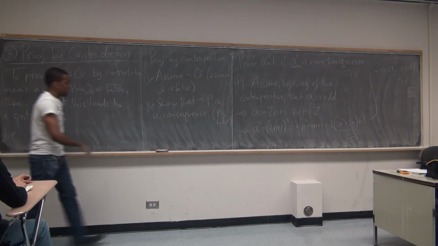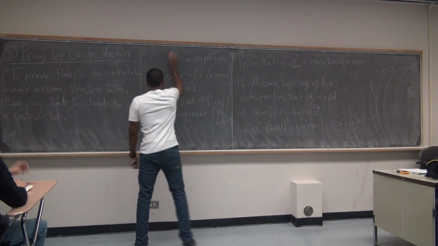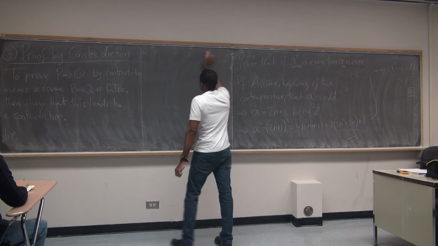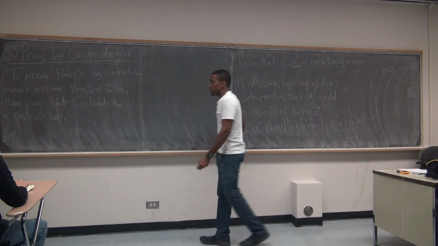I.e., step one in a proof by contradiction: how would P implies Q be false? Only if P is true and Q is false, right?